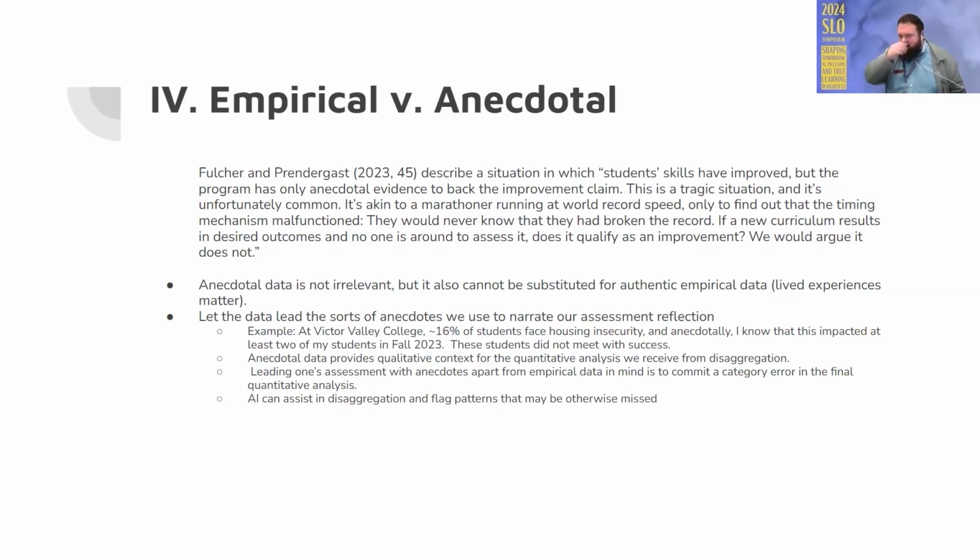I don't know if anyone else in my group, Julia or Nathan, wants to buttress or add to what I've said. Yeah, I'll just talk about the ETS scoring guide of the institutional learning outcome. Is that next?